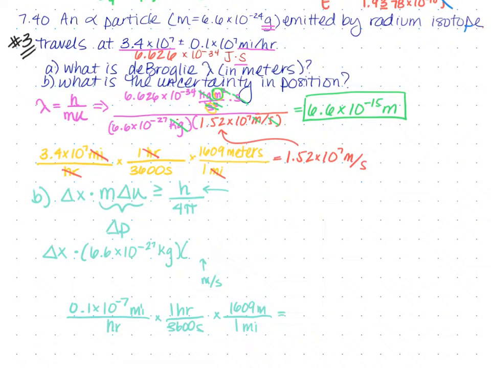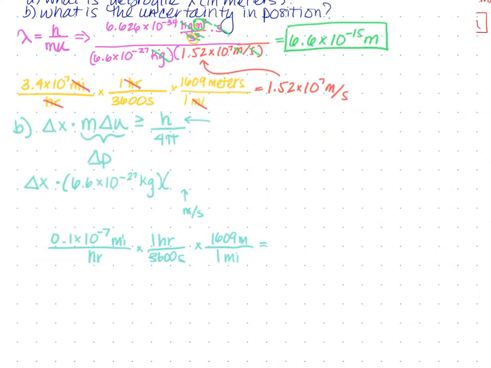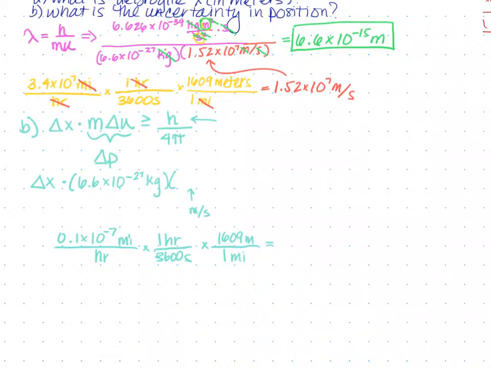That should give you 4.47 times 10 to the negative 9 meters per second. Miles cancel, hours cancel, left with meters per second.